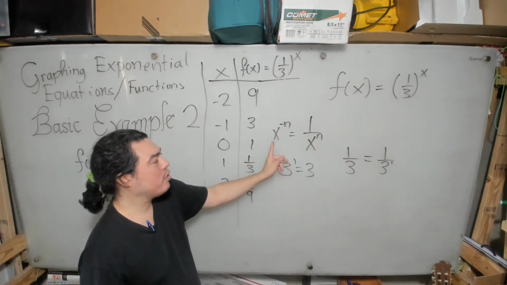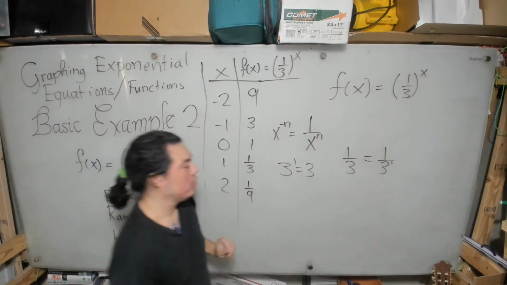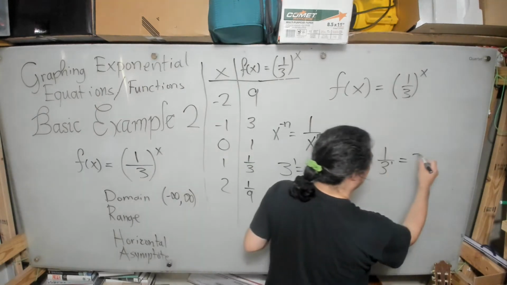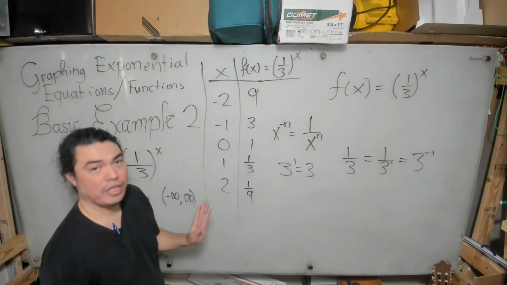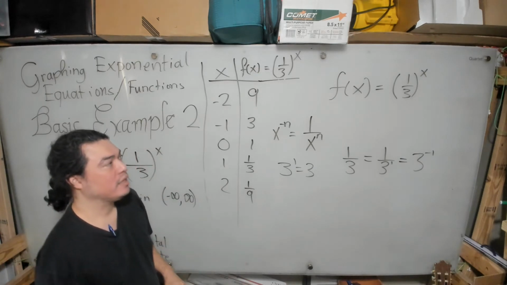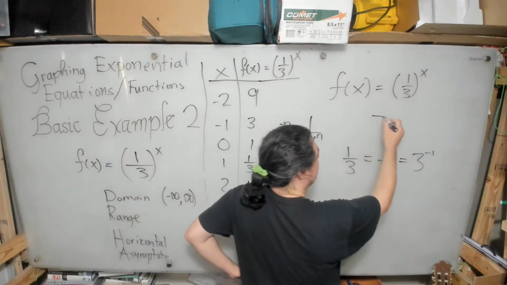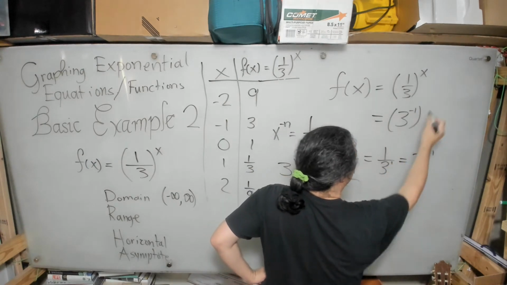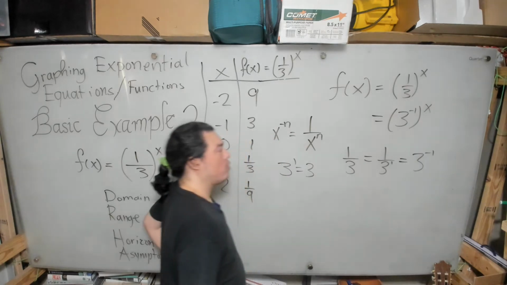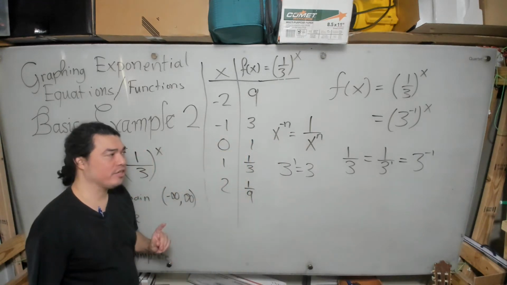Maybe, is that 3 to the negative 1 power? Well, the answer is yes. So I can see this f of x as 3 to the negative 1 power raised to the x. That's very interesting now.